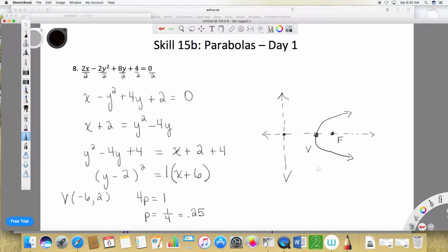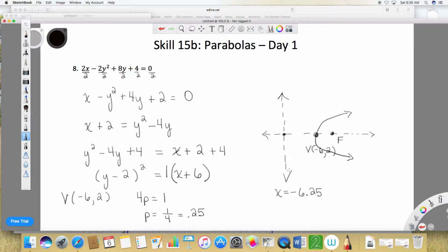If I'm at this vertex, moving to the right and to the left changes the x coordinate. So if the coordinates of this vertex are negative 6, comma 2, if I move to the left 0.25, then I'm subtracting 0.25 away from negative 6, so I get negative 6.25.